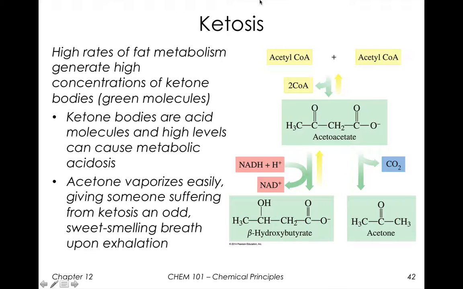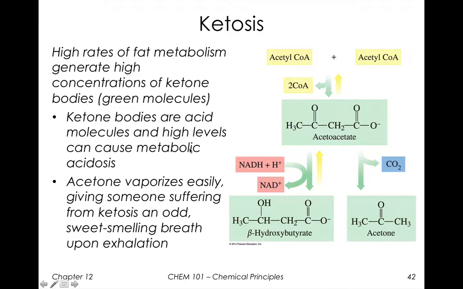So we'll spend a lot more time talking about this next semester, but this state of ketosis is where you are subsisting largely on fats as fuel. And it can be a dangerous situation if you get into what we call ketoacidosis, where you have too high a concentration of these ketone bodies and you elevate the concentration of protons, so you decrease your pH.